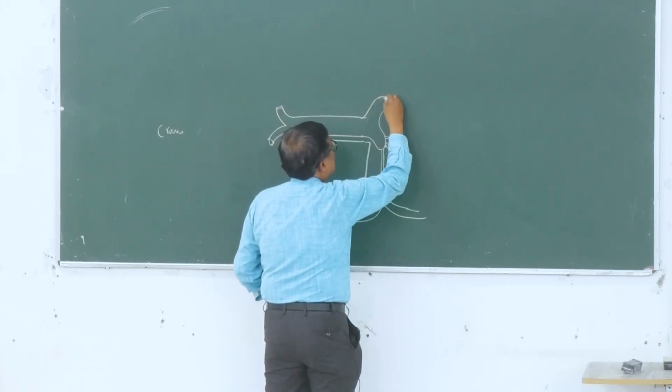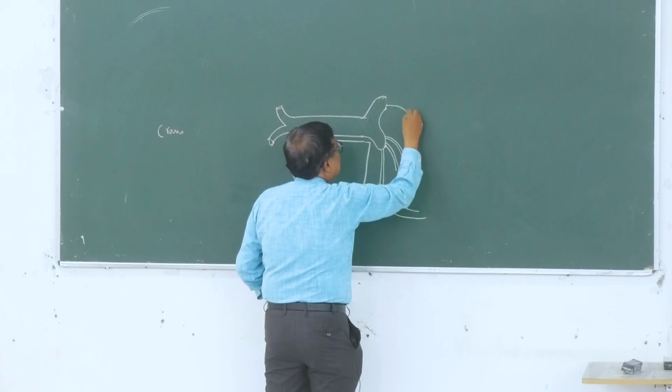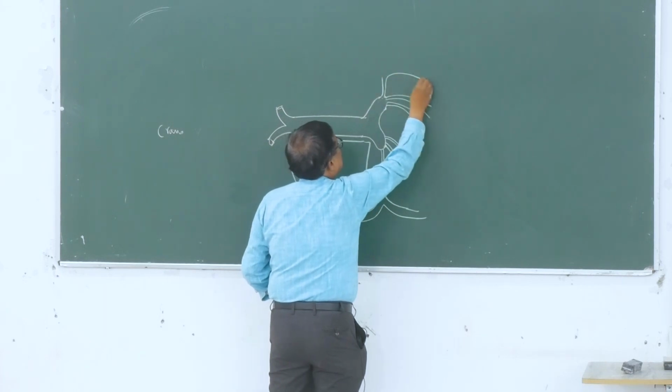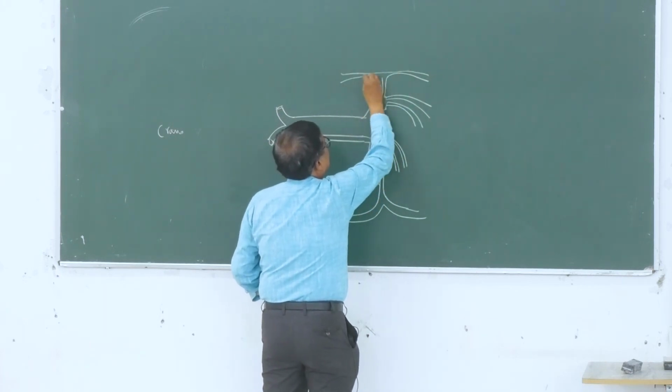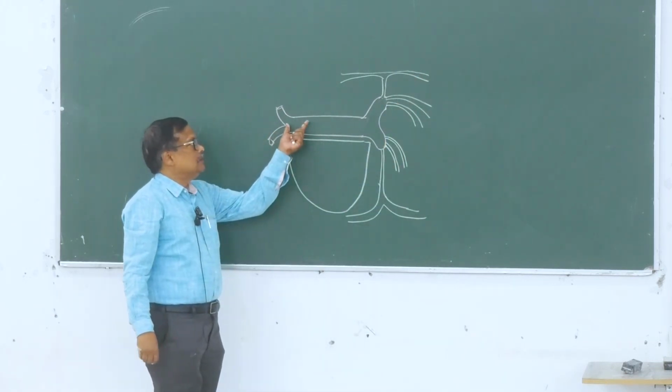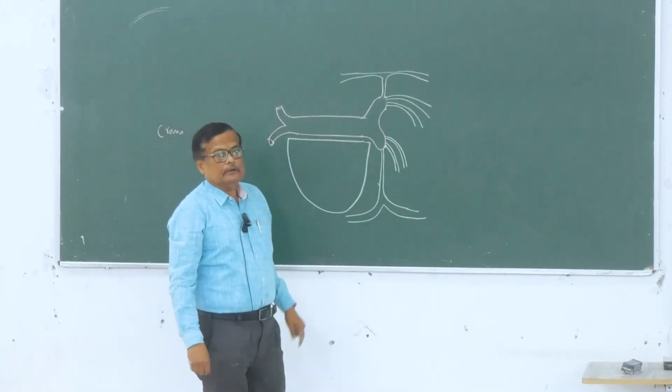Similarly on the other side: vitelline vein, umbilical vein, and common cardinal vein. This is the anterior, this is the posterior cardinal vein. This is the arterial end, this is the venous end.